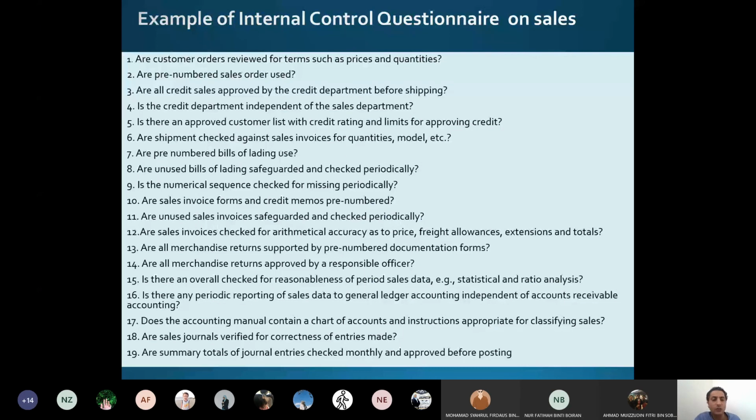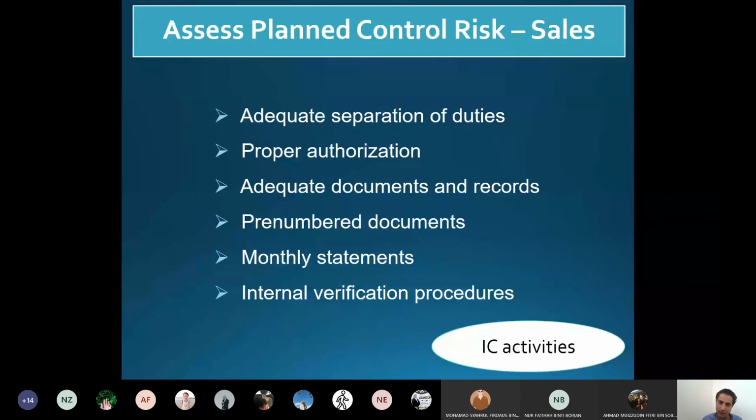So in this case, we are trying to check the validity of the documentation. So remember, here we mention the control activities related to the sales and revenue cycle, and we have pre-numbered documents, one of them.